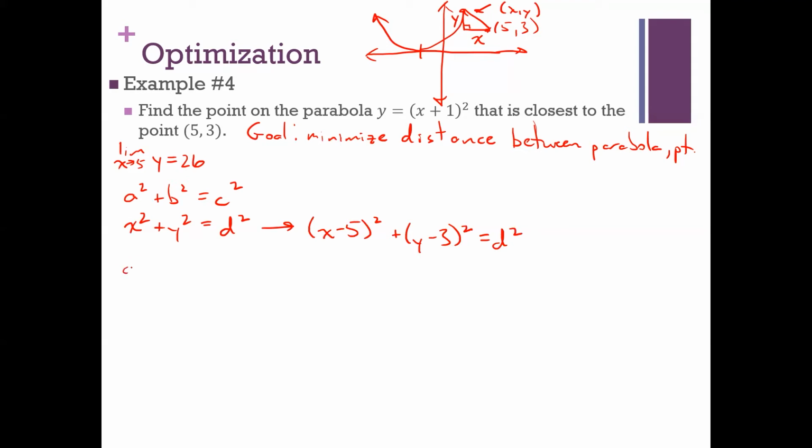So now we can do this. D squared equals x minus 5 squared plus x plus 1 squared minus 3 squared.